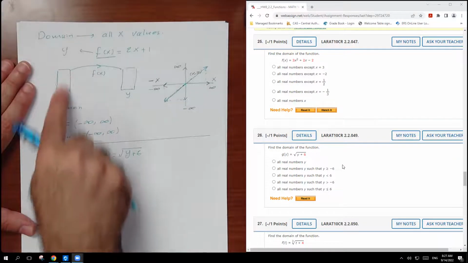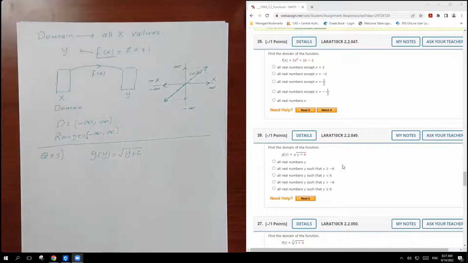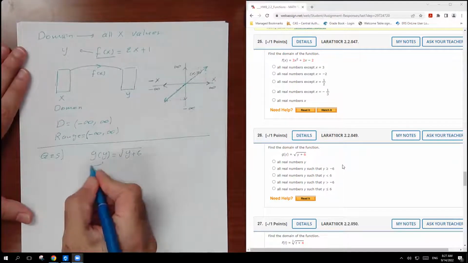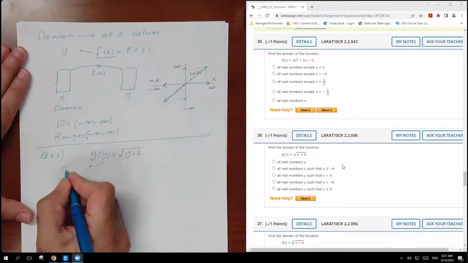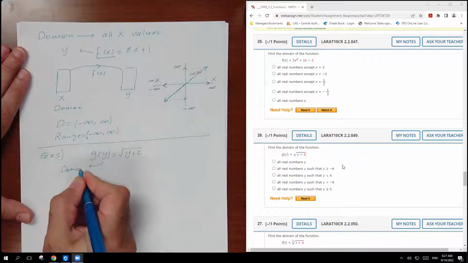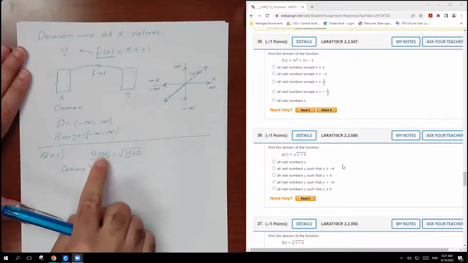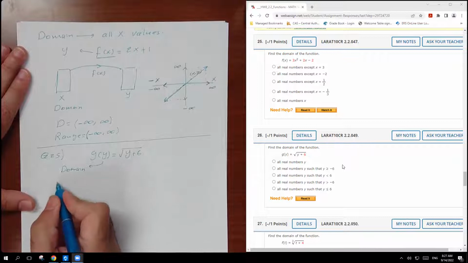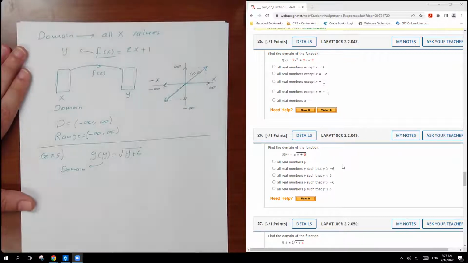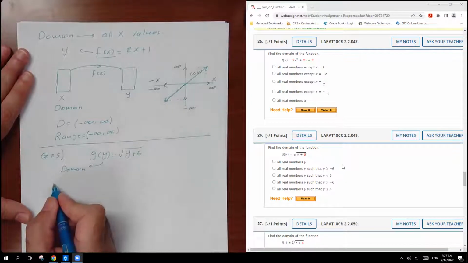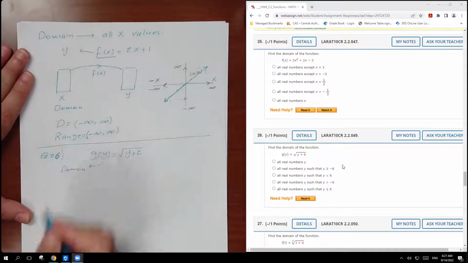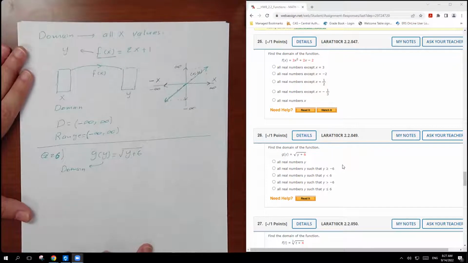It's just different variables. This is the input, which is the domain. It depends on which variable is here. If you want to graph it, this is 26. I'm going to go back to 25.